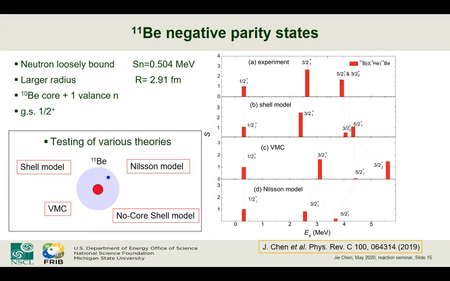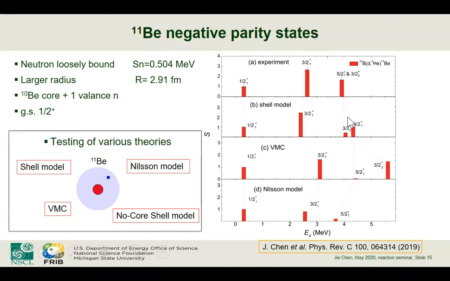We compare our result with the shell model, a Nilsson model, and the ab initio approach. You can see here the experimentally determined spectroscopic factors for the low-lying negative parity states. Although we can't separate these two states, we can still use the sum of the spectroscopic factors from the theoretical calculation to compare to our result.